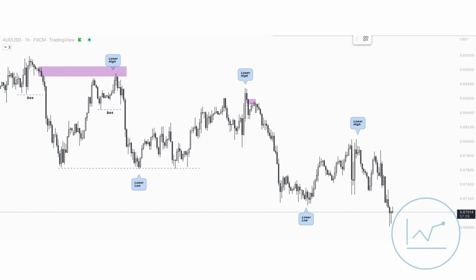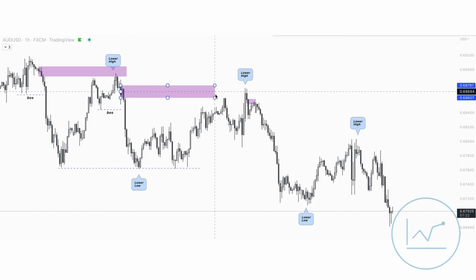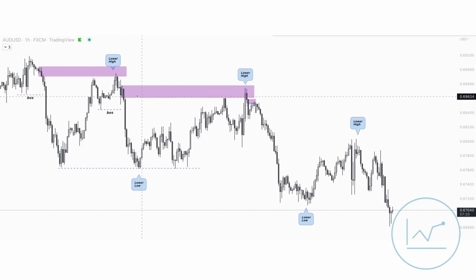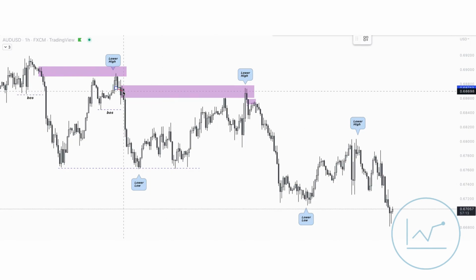So as you can notice here, a supply has been created in this area where this is an up candle, this one. This is the last up candle that caused the break.